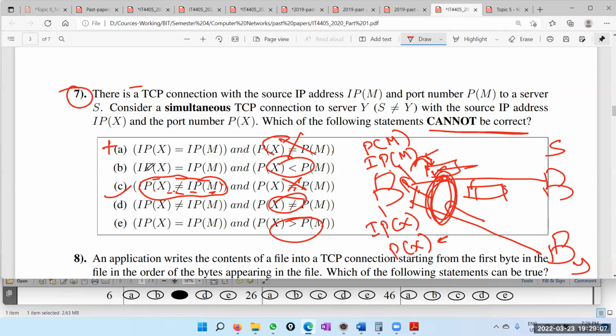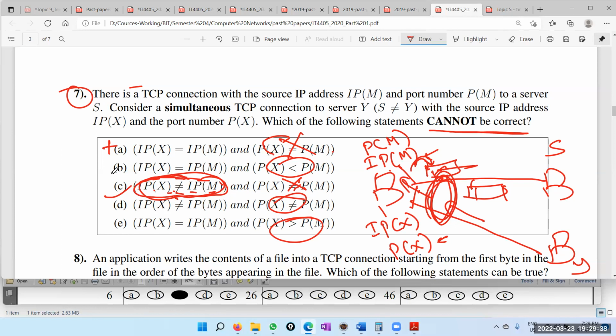Anyway, in enterprise application development, the next subject, one of the topics I have to cover is socket programming. There also we will discuss that a socket is represented by a combination of IP address and port number. So what we need is that the combination of IP address and port number must be different. This is also okay, though the port numbers are the same, because the IP addresses are different.